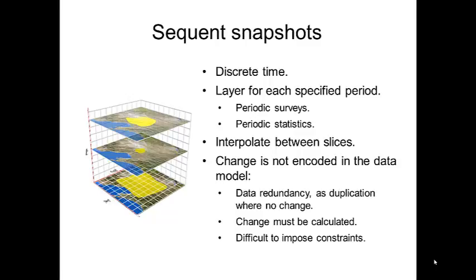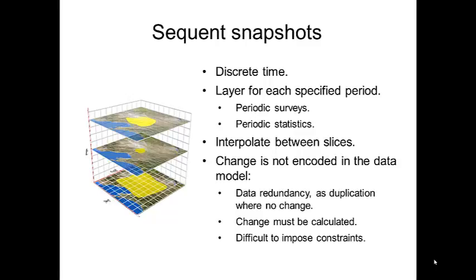This is a data model that works well for things like periodic surveys, where you go out and do one survey a year, for example. You go out and you measure. I've got colleagues who measure the size of snow patches in the Cairngorms, and they measure them week on week, year on year, and they have these time series surveys of the extent of the snow patches.